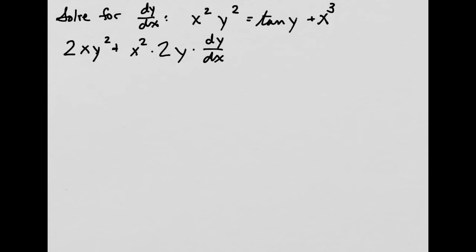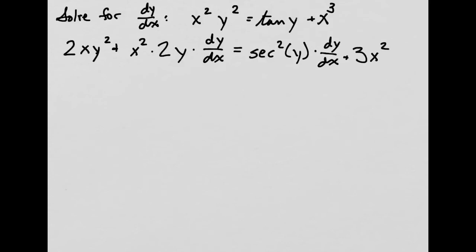So anytime you take the derivative of a variable that is not your bottom variable here, you need to use implicit differentiation. And then the derivative of tangent of y is secant squared of y, and again, times dy dx, plus, and then the derivative of x cubed is just 3x squared. So there's our derivative.